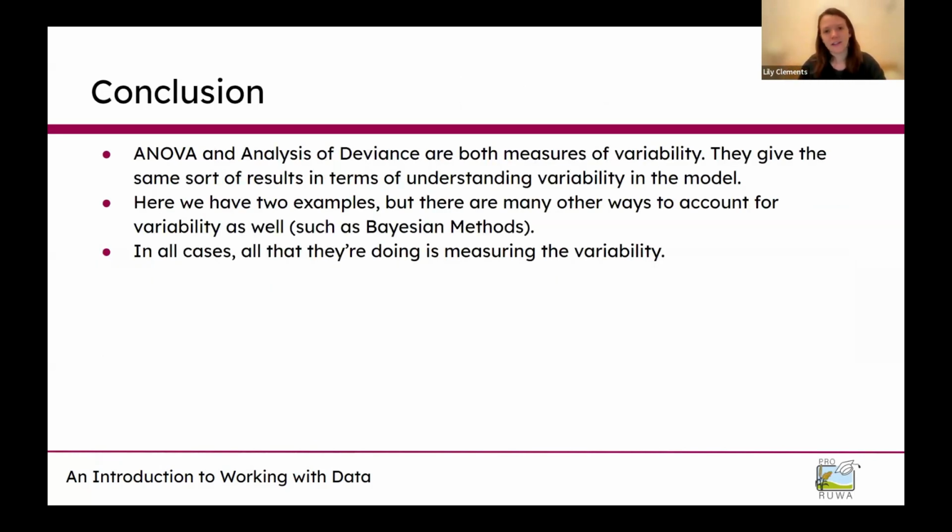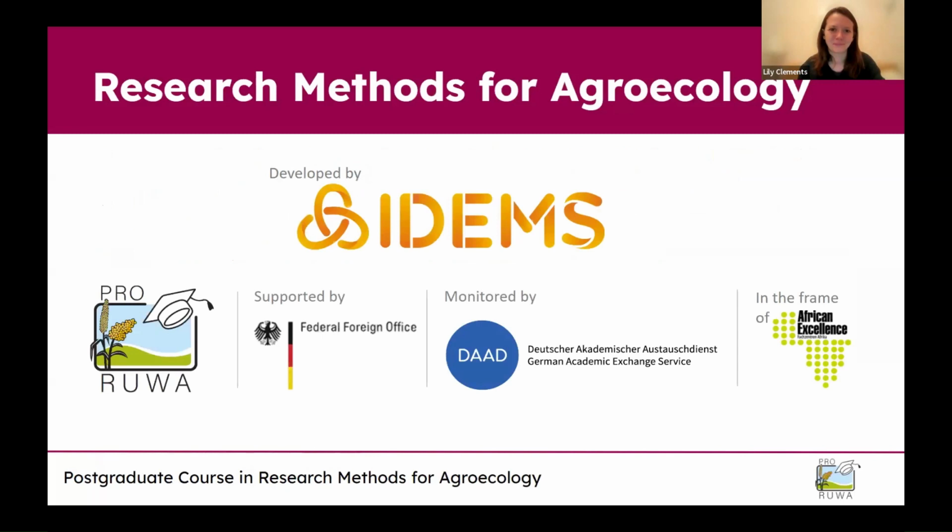ANOVA and analysis of deviance are both measures of variability. They give the same sort of results in terms of understanding variability in the model. Here we have two examples, but there are many other ways to account for variability as well, such as Bayesian methods. In all cases, all they're doing is measuring the variability. Thank you.